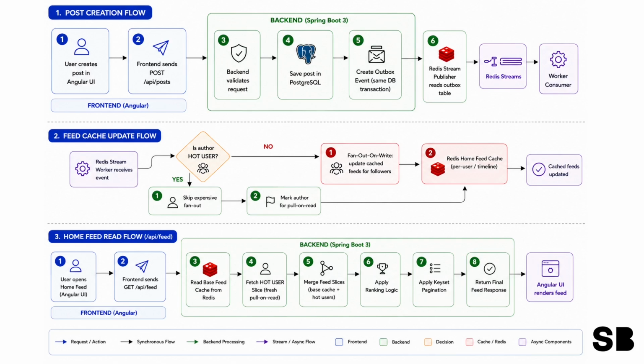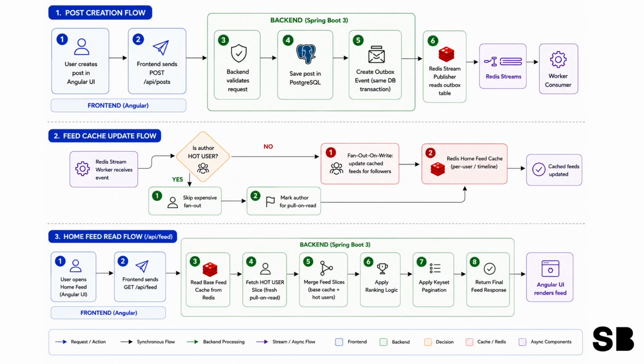This means the system will not update all follower feeds immediately. The post will be fetched later when a user actually opens their home feed. So the system saves work by only processing the post for users who actually request their feed. That is the main idea of the hybrid model: normal users use push and hot users use pull.